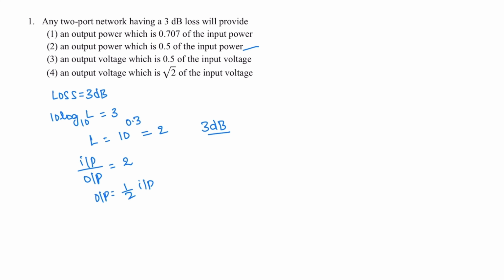Similarly, for a two-port network having 6 dB loss will provide an output power of one quarter of input power.